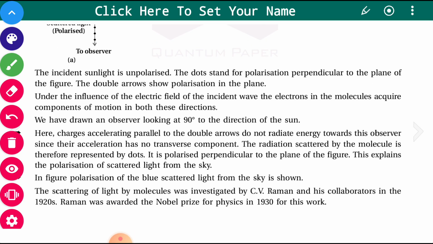Here, charges accelerating parallel to the double arrow do not radiate energy towards this observer, since their acceleration has no transverse component. The radiation scattered by the molecule is therefore represented by the dots.